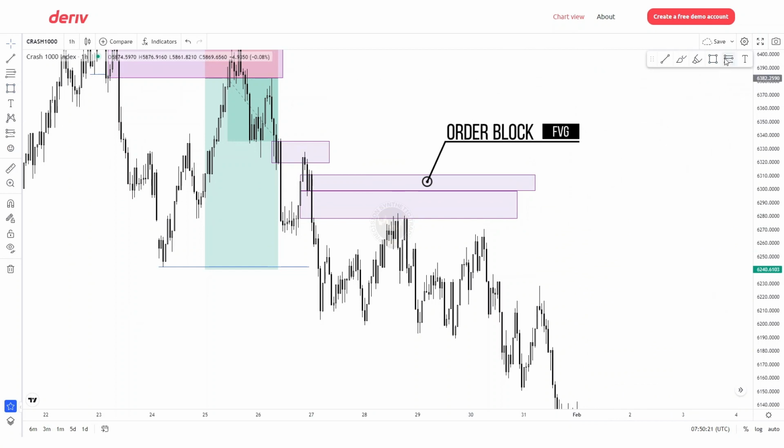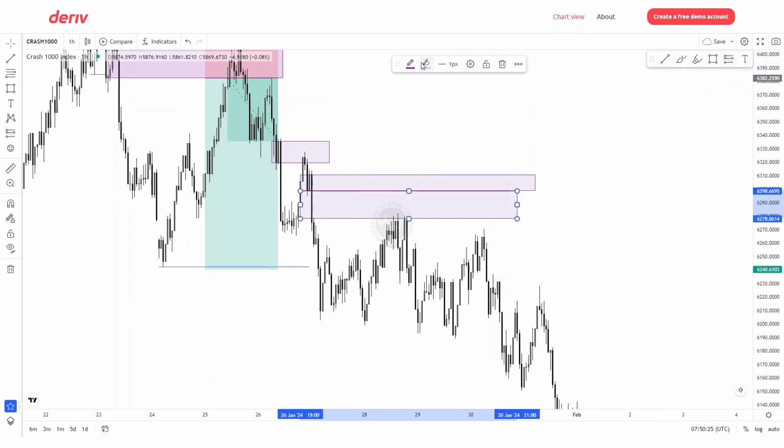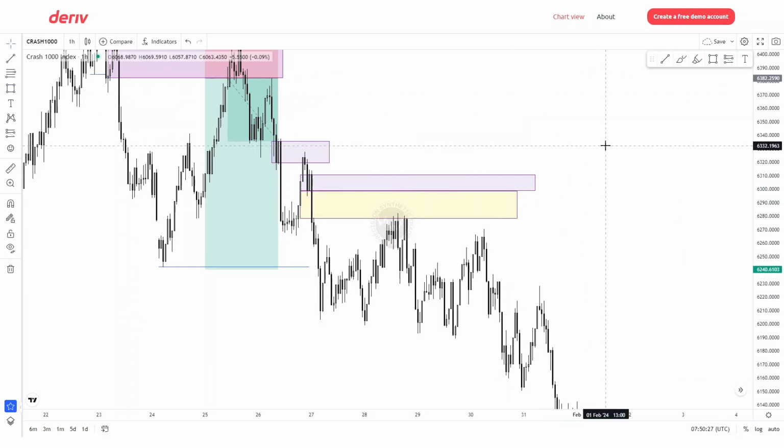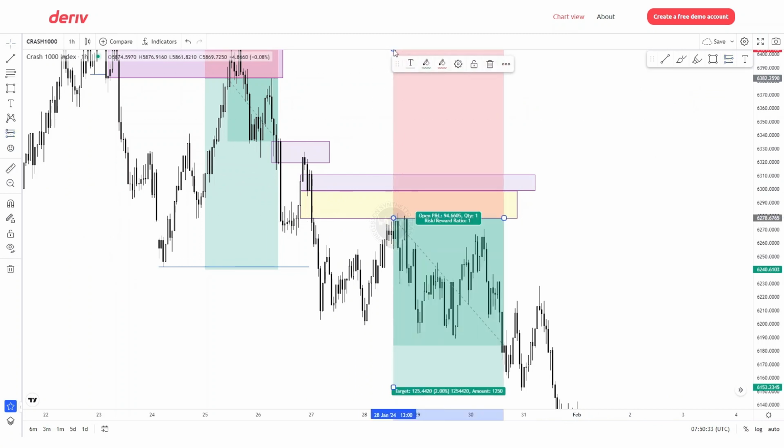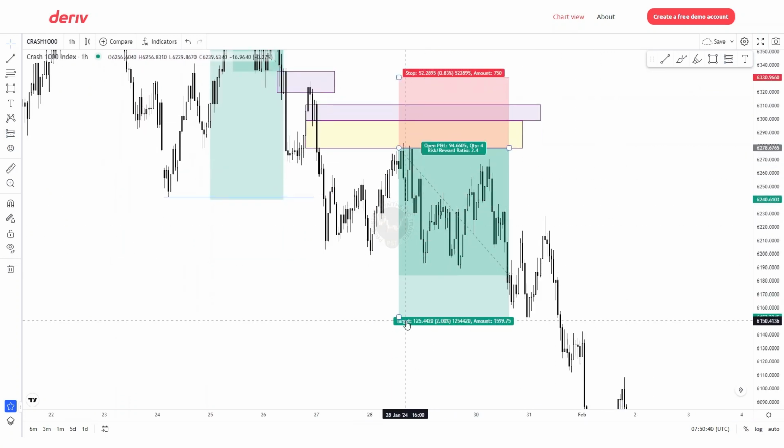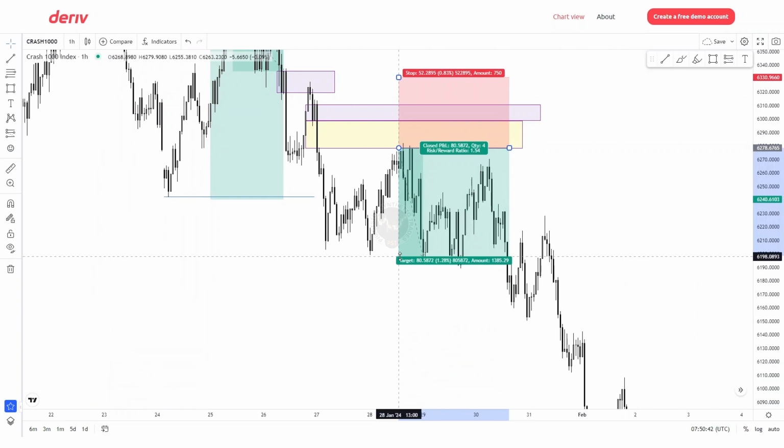So again, this is going to be all up to you, how you want to manage your risk, what type of trader you are. But let's say you entered from the fair value gap, stop loss above that high, and you target your first level of liquidity.